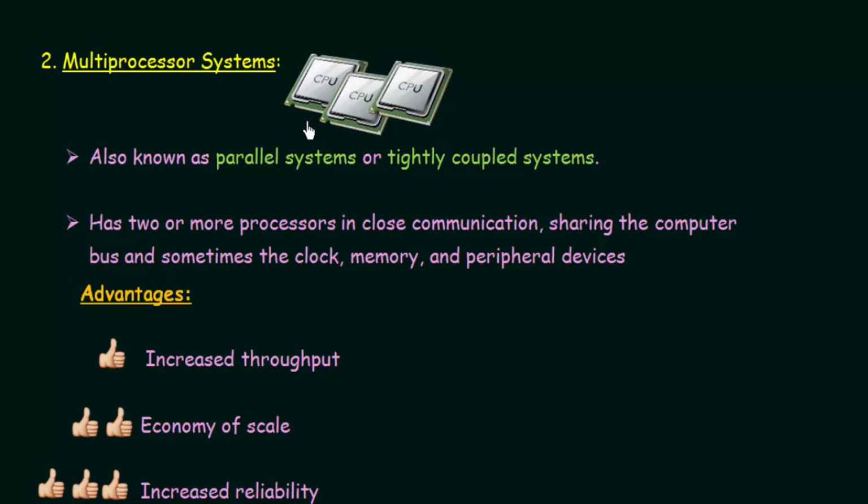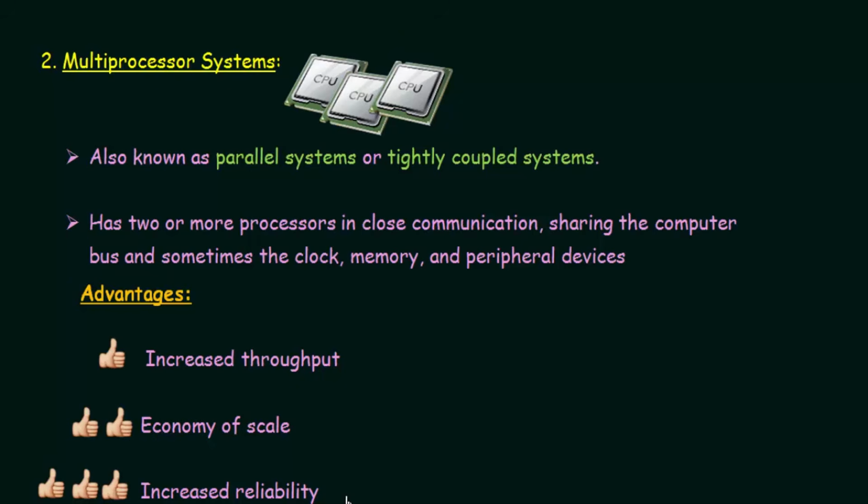Your whole system breaks down. But in multiprocessor system, even if one fails, the remaining can help to get the work done without causing a total failure of the system. So that is why we say that it has increased reliability as compared to the single processor system. Alright, so those were the advantages of multiprocessor systems.